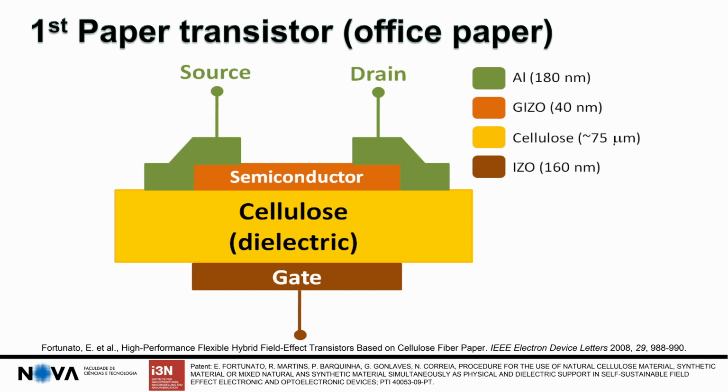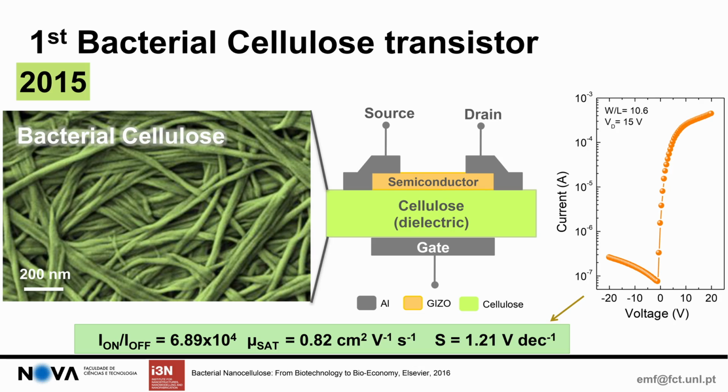We are just using cellulose as the dielectric component for the transistor. This is a very simple thin film field effect transistor, and as semiconductor and also as gate, we are using metal oxide. So all the components that we are using for these electronics are green and recyclable.